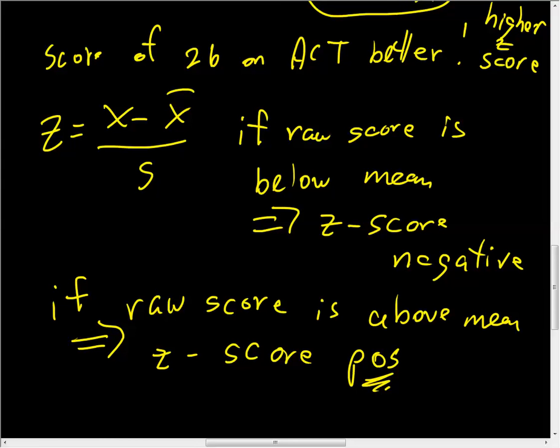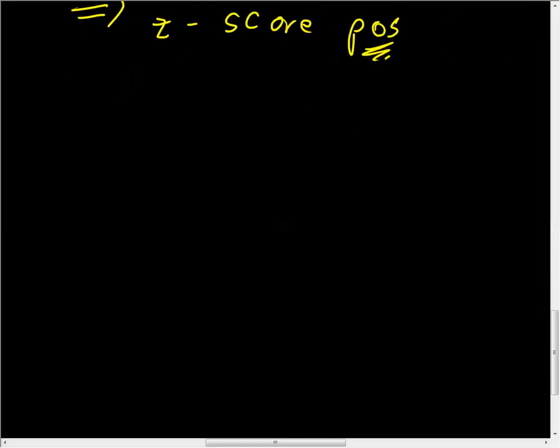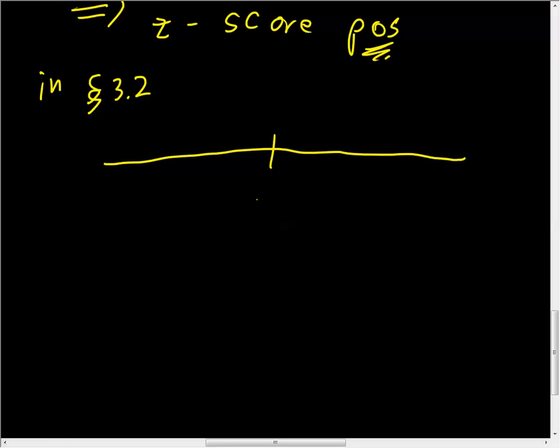Okay? Recall from section 3.2, we gave boundaries of what I call usualness.